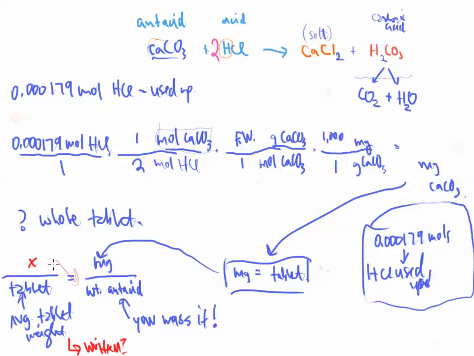So I just cross multiply and solve for X. And hopefully this number matches the label. And that is what we have to go through to label validate the antacid tablet. Who would have ever thought it was that complicated? Who would have ever thought that that much math was going to be involved in this lab? But that's what we do.